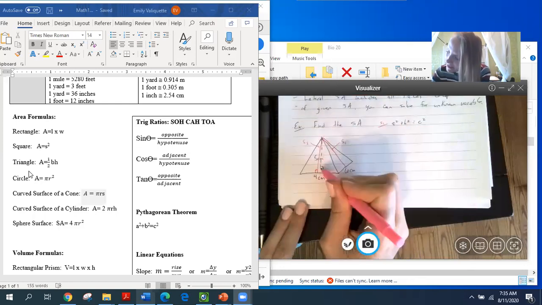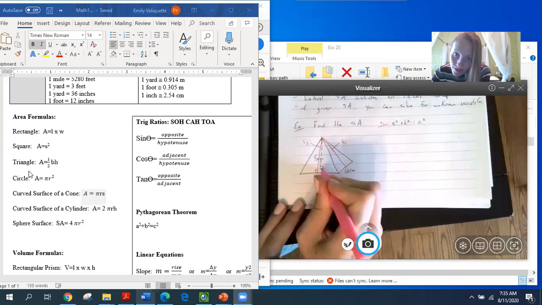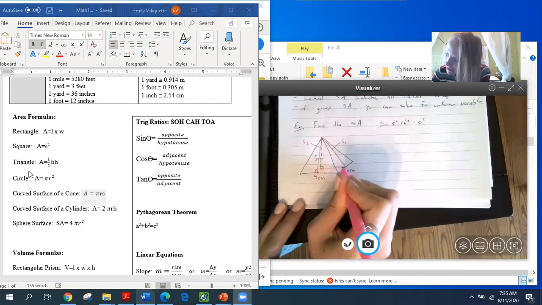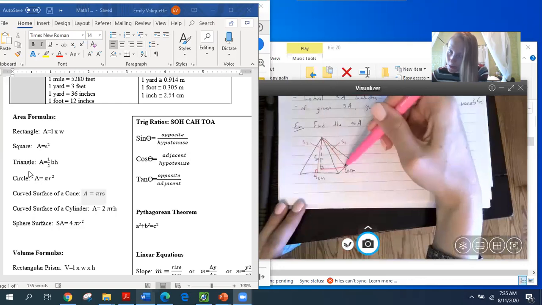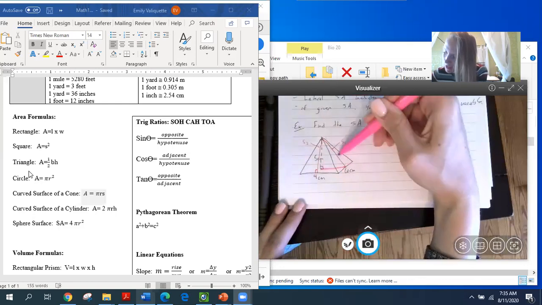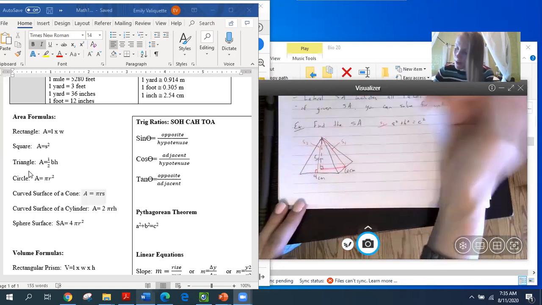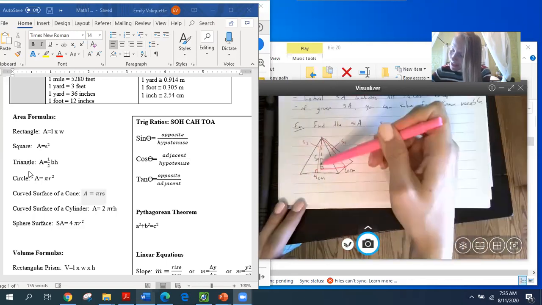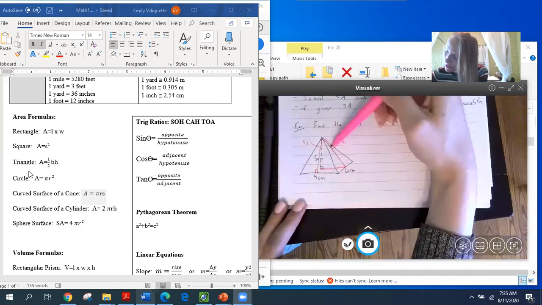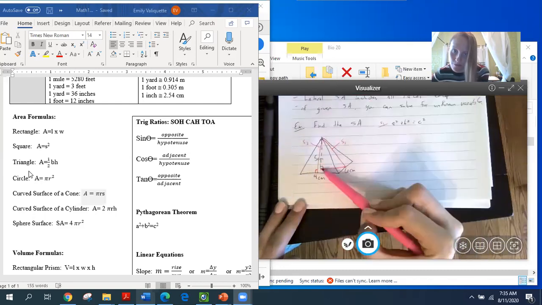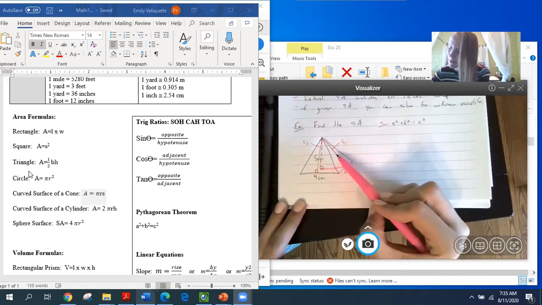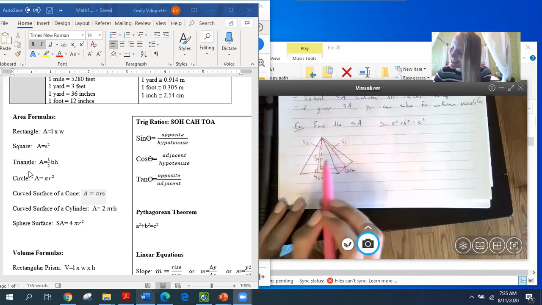Here's my right angle, and I'm just going to go straight across over to my slant height to create that right triangle. Now I know this side of my right triangle is 5 centimeters. I'm looking for the slant height, which, because it's across from the right angle, is my hypotenuse.